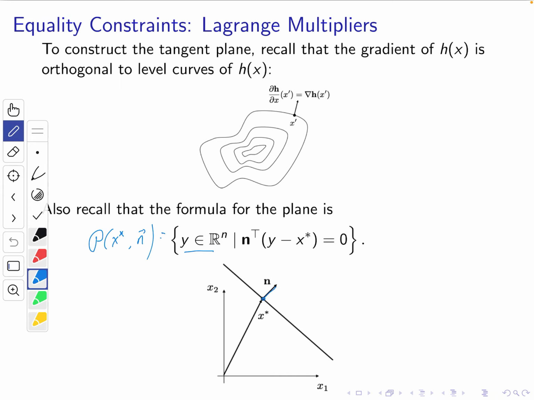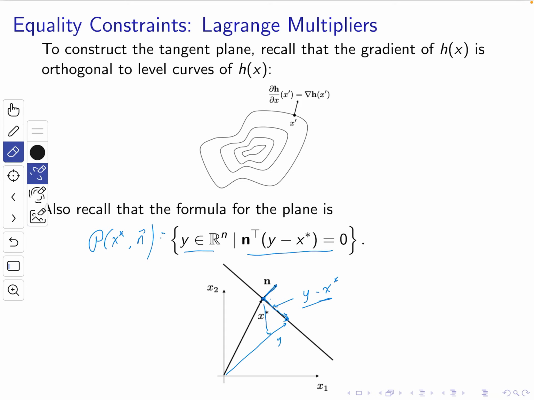So here's x star, here's n. If this is y, then this vector here would be y minus x star. It's all those vectors that are orthogonal to n, right? Because if y is out here, it's not orthogonal, so it doesn't satisfy this.